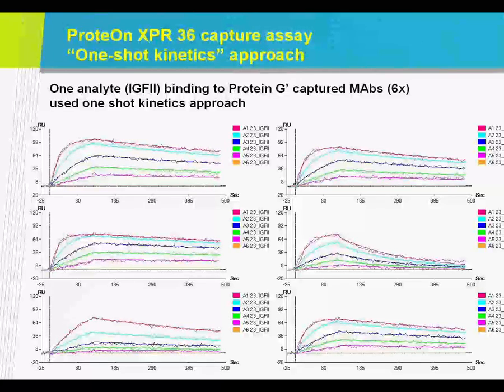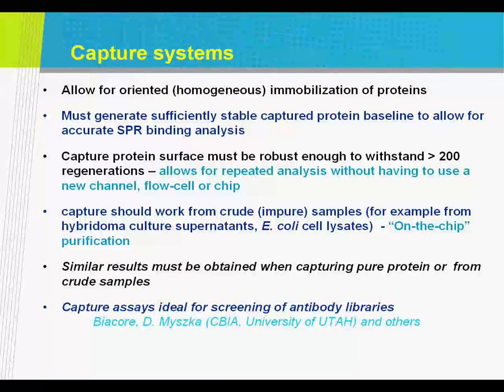If you don't, and I will talk about this a little bit later, then you will end up having a problem with the accuracy of your analysis. The other aspect is that the surface, let's say polyclonal, has to be quite robust. When you keep on regenerating with low pH acid or alkali, you need to be able to do this over and over again, so that you prolong the life of your chip and of your assay as well.